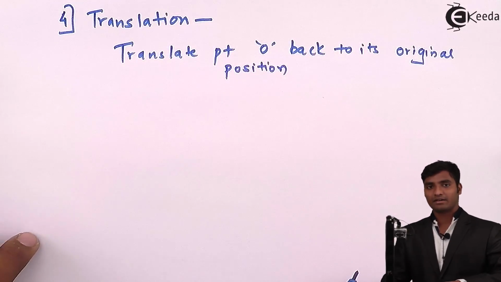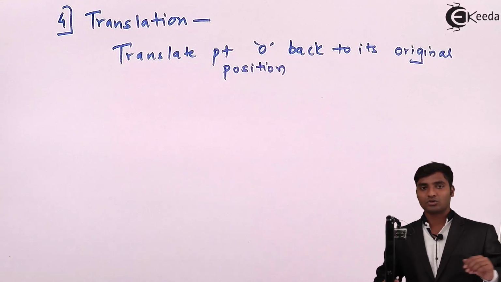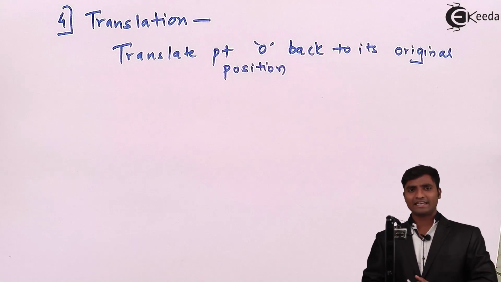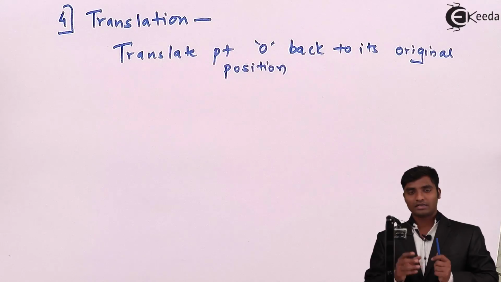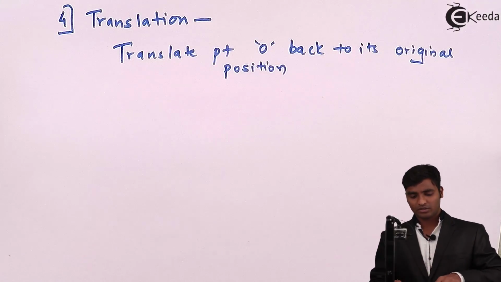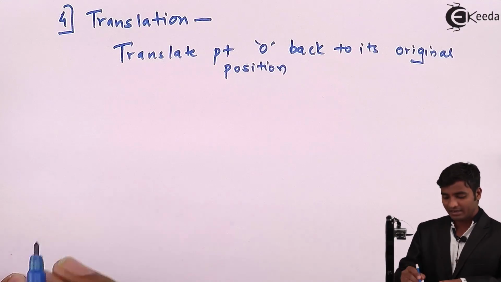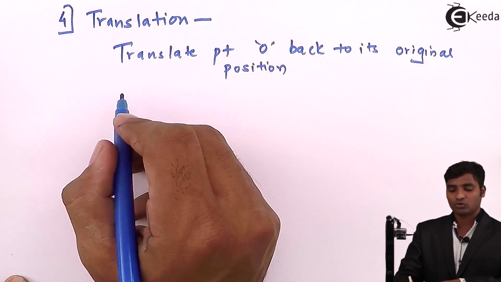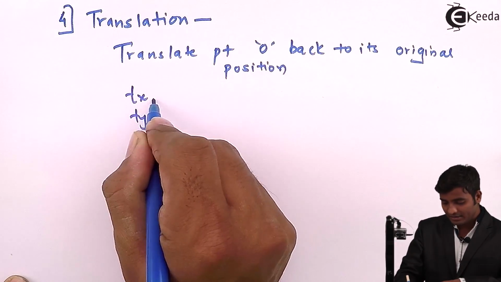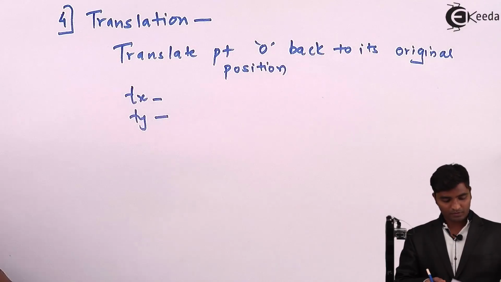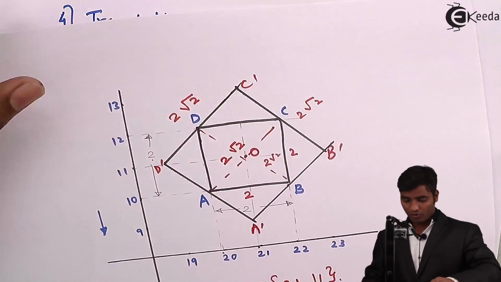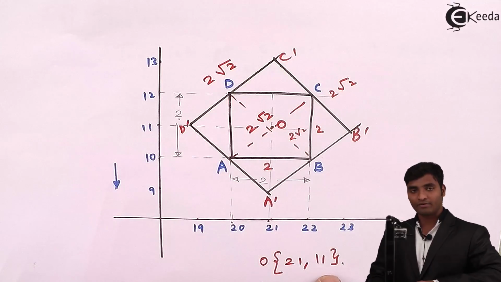Initially we did translation so that we can perform scaling and rotation, as scaling and rotation are always done with respect to the origin. For that we brought the initial figure to the origin. The same thing we are doing now, back translating. For translation we will require two things, that is tx and ty. The coordinate for O is 21, 11.